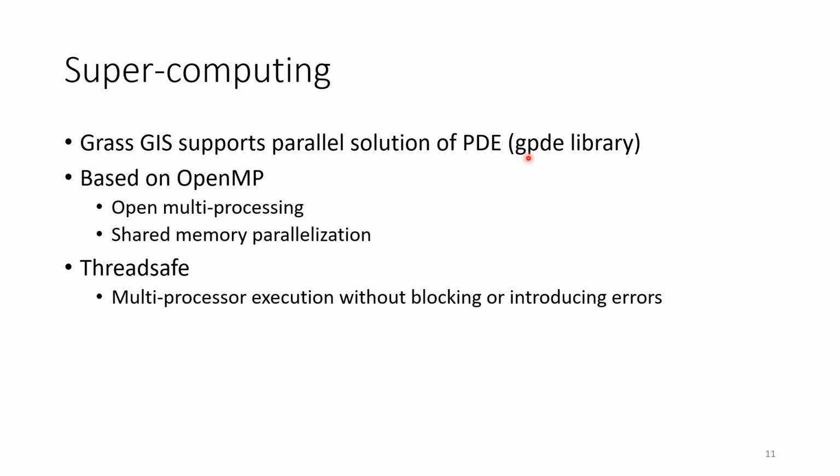So it is not used for real supercomputers or network operations, but is more based on your single multi-core processor, which is the usual case if you're using GRASS GIS for groundwater flow modeling, because when you want to go professional, you would probably use some other software or program the solution yourself. Good to know is that the parallelization technique is thread safe, which means that you have a multiprocessor execution with automatic load balancing, without blocking or introducing error through the parallel solution.